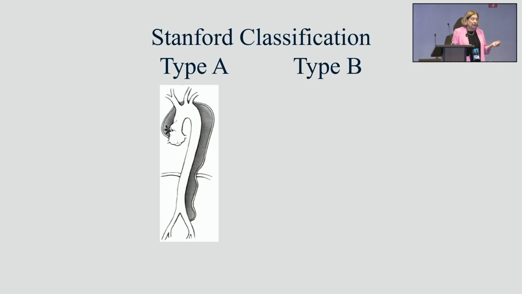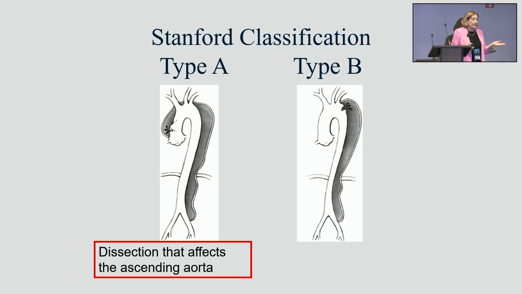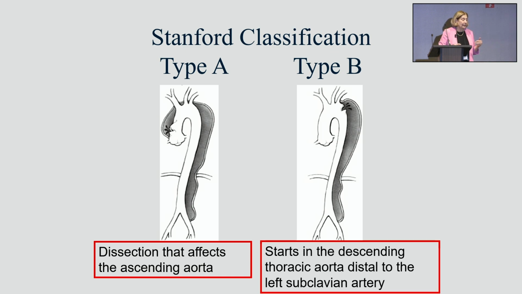Dissections can be type A or type B. The discriminating line is whether the dissection plane, which will also balloon out part of the wall many times, starts distal to the left subclavian artery. Is it on the arch, or is it further past the subclavian?